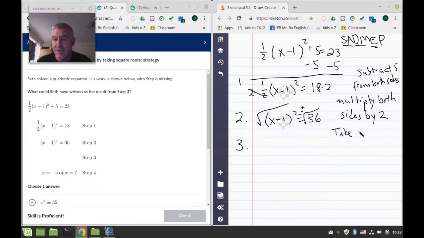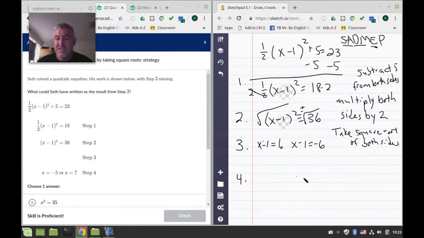So that step we'll call take the square root of both sides, and I'll end up with x minus 1 is equal to, I'm sorry, that's not 36, that's 6. The positive square root of 36 is 6, and x minus 1 is equal to negative 6.